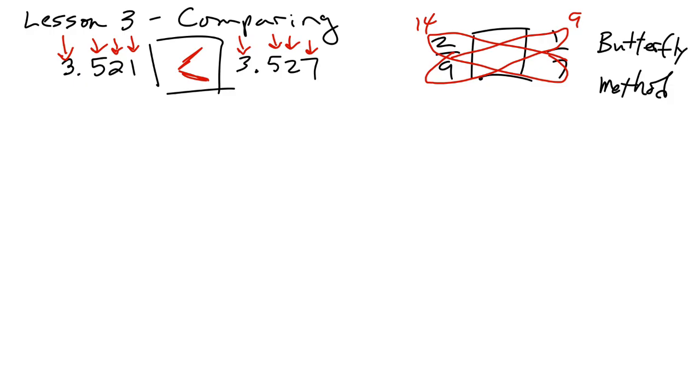Then we look at these numbers up here, and whichever number is bigger, that fraction is bigger. So 2/9 is bigger than 1/7. So we would put a greater than sign. 2/9 is greater than 1/7. So that was lesson 3. That's all we did in that lesson.